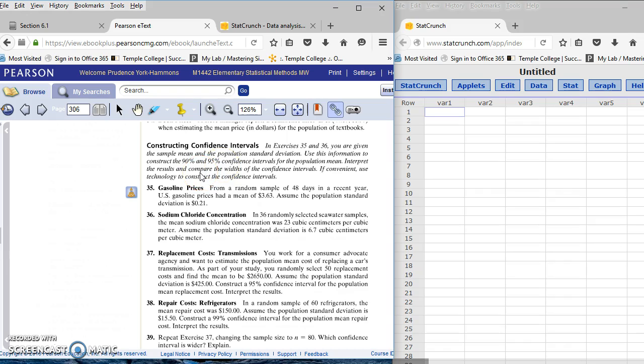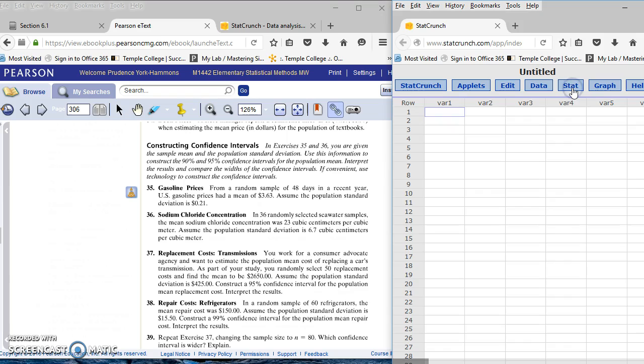We're going to interpret the results and compare the widths of the two intervals. We're definitely going to use technology. Now we're able to do z-stats because our sample size is 36, so that's more than 30. And we know the population standard deviation. So those two things allow us to do z-stats.